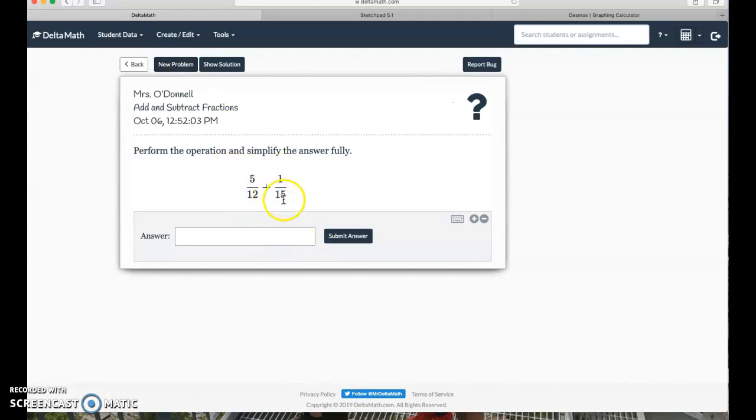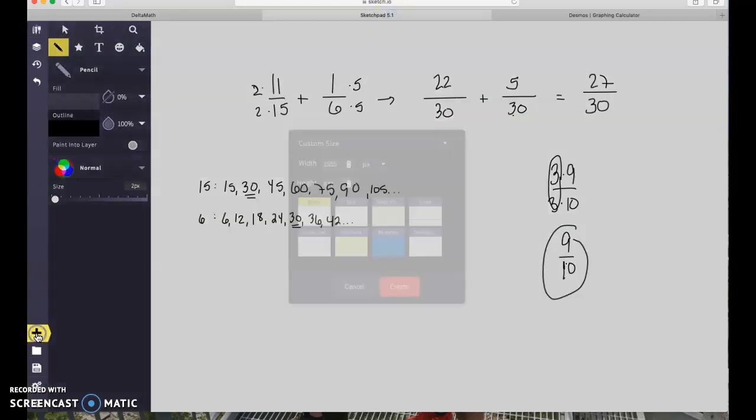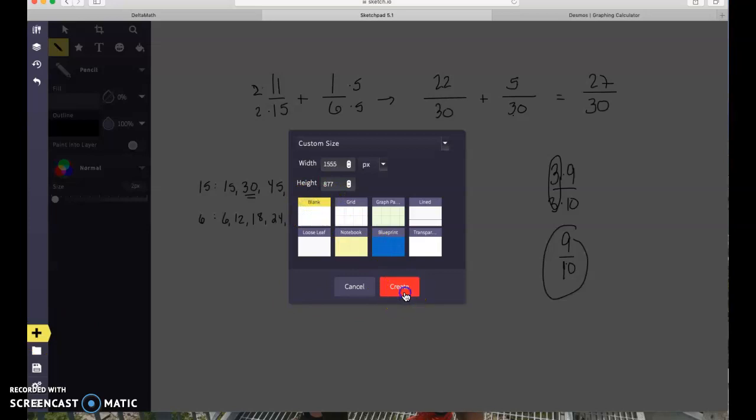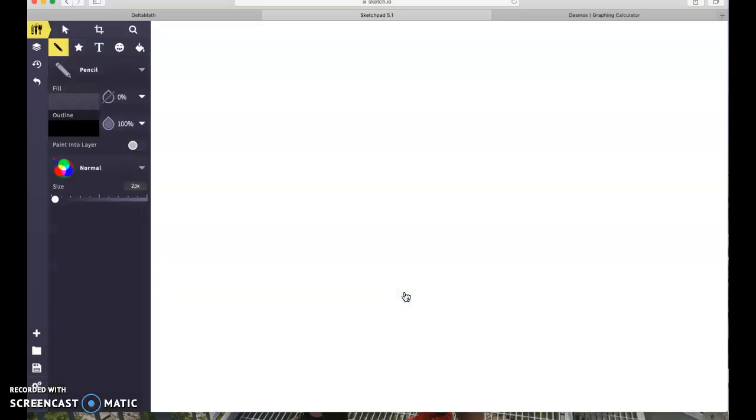Okay, so another way that you can do this problem, I'll show you sort of the longer way. So we've got 5/12 and 1/15. If you're not loving the finding the least common multiple method, the one way that works every single time is taking your denominators and just multiplying them by each other, right?